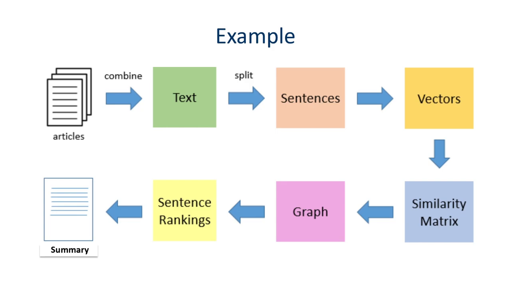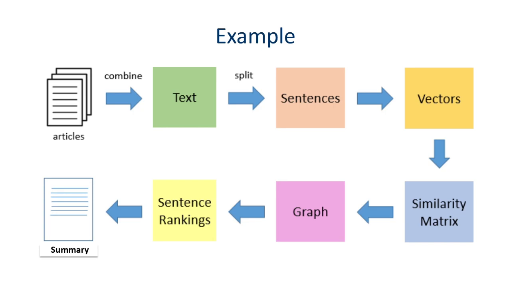Now, once every sentence is represented as a vector, we can start building relationships between them. That's what happens in the similarity matrix, shown here in blue. In this step, we calculate how similar each sentence is to every other sentence using something like cosine similarity.